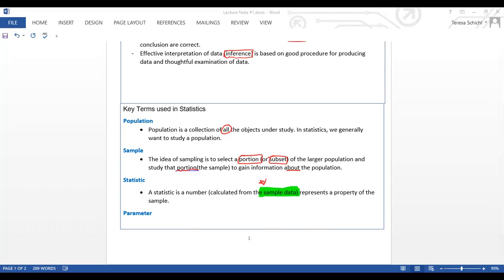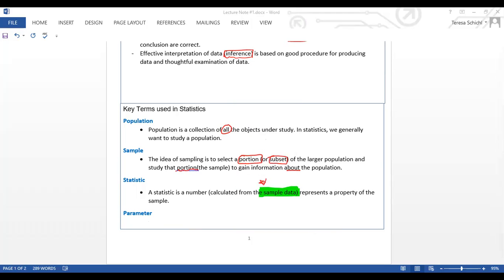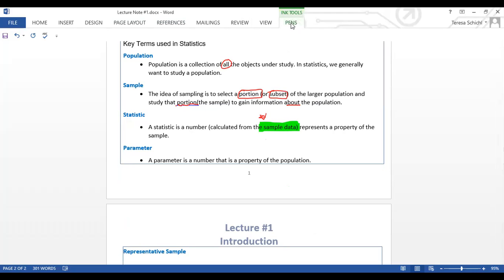Okay, now let's take a look at another definition: parameters. What is the meaning when we say a parameter? A parameter is a number that is a property of the population. The keyword is that a parameter is related to the population.